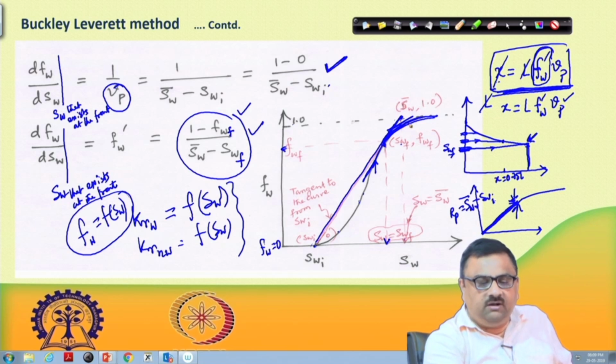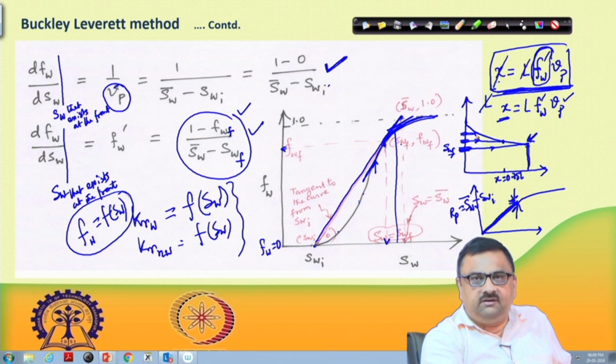So, for the corresponding saturations, I have to go up, draw a tangent, find out the slope, and use that as the Fw prime, because that would be the governing Fw prime. With that Fw prime, and given Vp and L, I find how far that saturation will travel: this packet will travel up to this much, this packet up to this much, right.